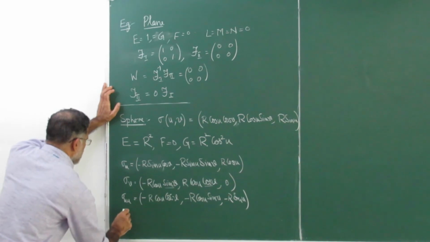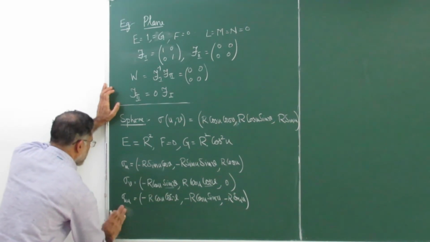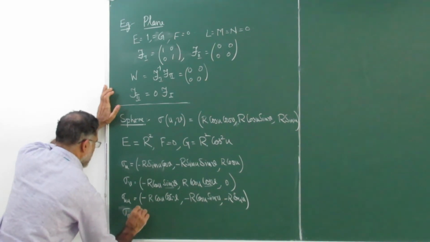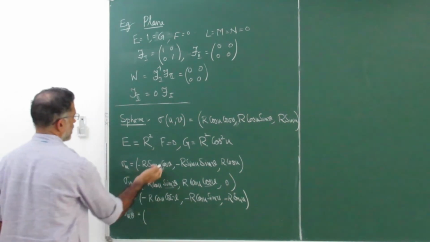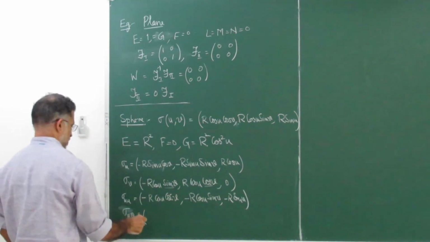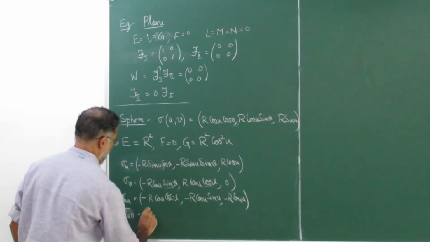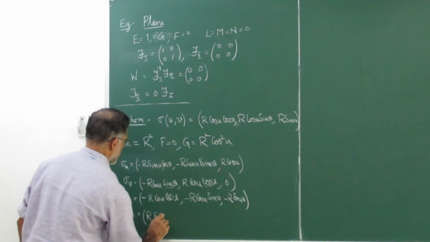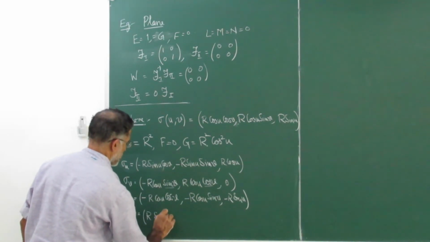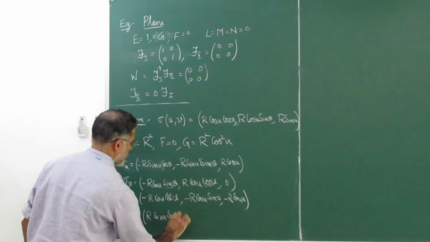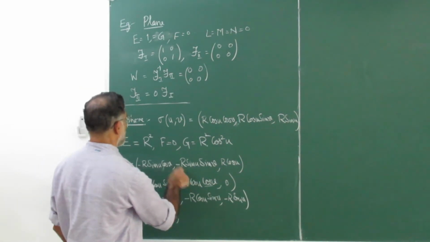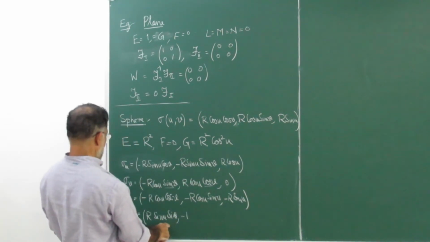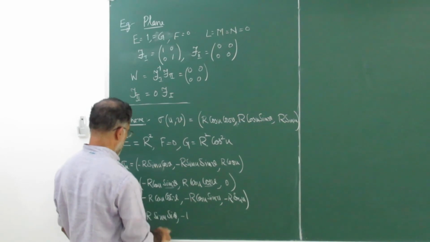Okay, let us look at sigma uv. What is sigma uv? Differentiate this with respect to v again. So this will be r sin u sin v, and this is minus r. There is one minus sign, so one more, so it is plus.